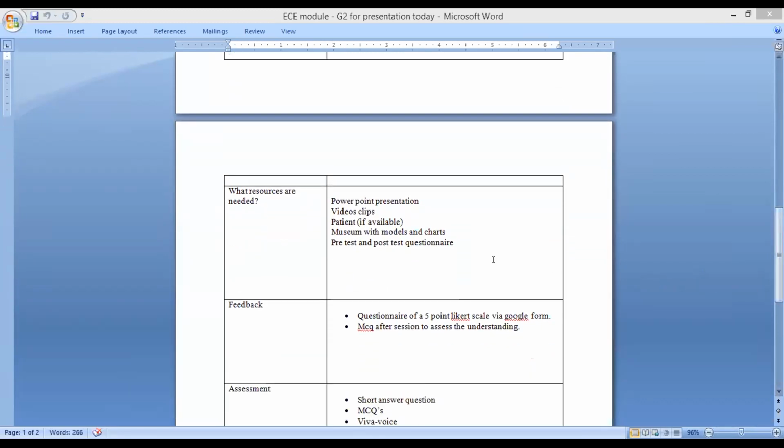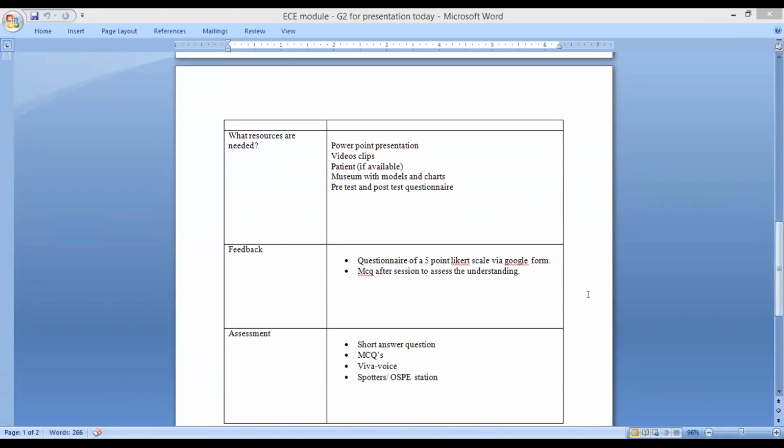And also we need pre-test and post-test questionnaires. For feedback, we can give a questionnaire on a 5-point Likert scale via Google Form to know the effectiveness, understanding, and whether more sessions like this should be held or not.